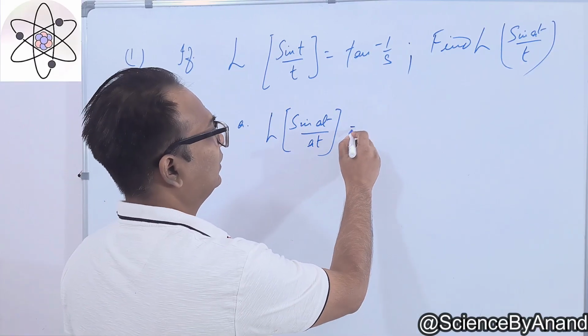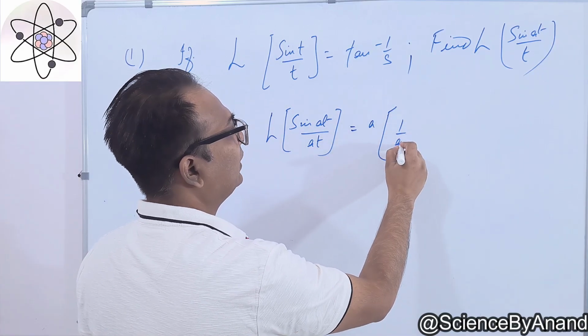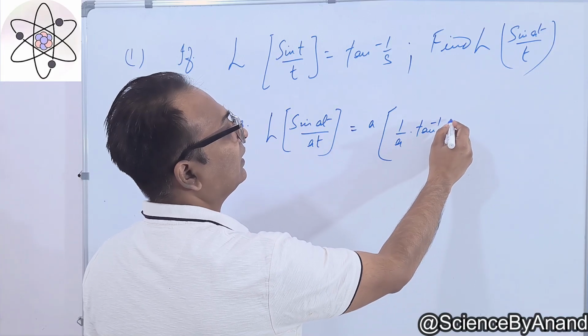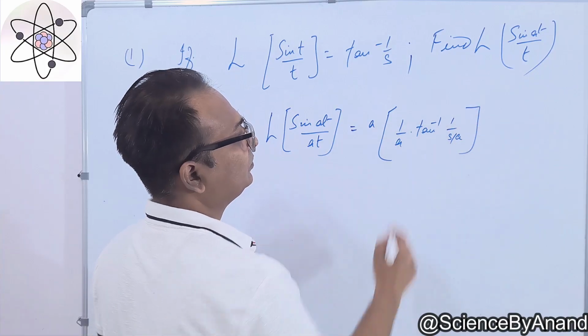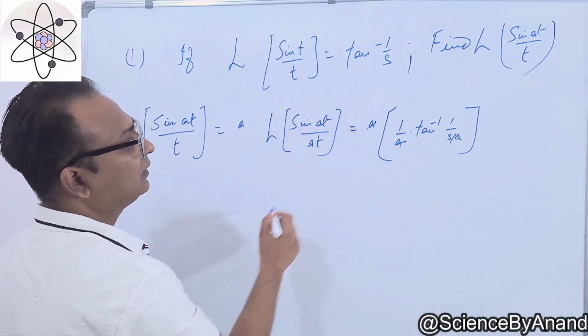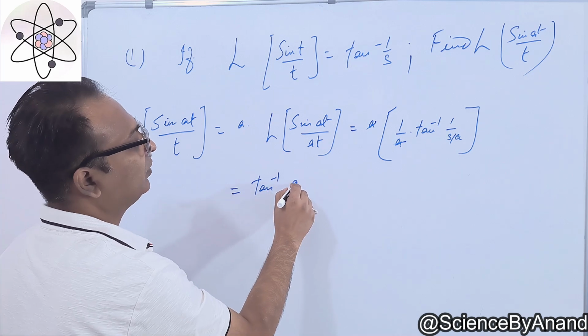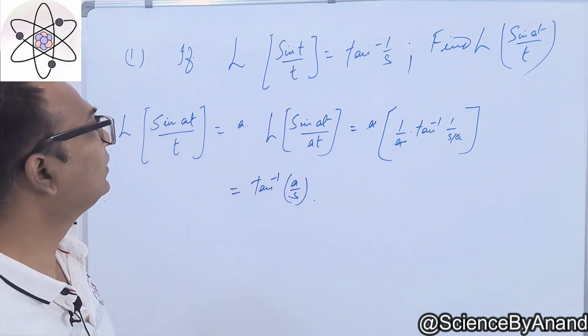So this value will become 1 by a into the function of s by a. Here we had s, so this will now be s by a. The a cancels, so this is equal to tan inverse a by s. We got the answer, very simple.